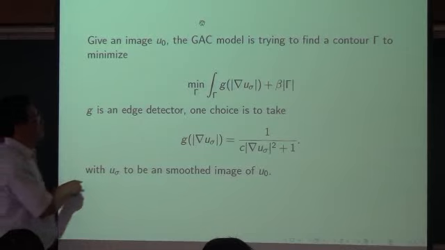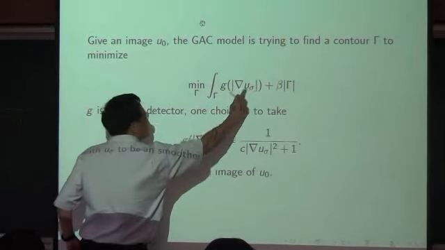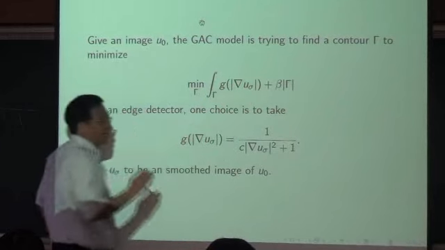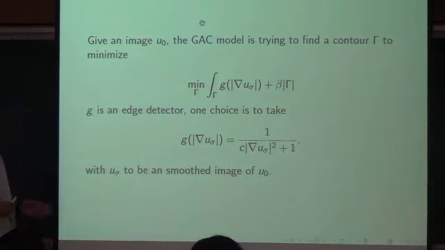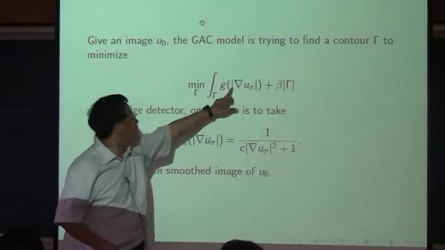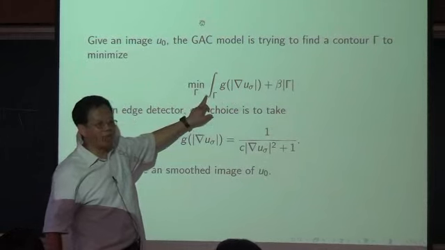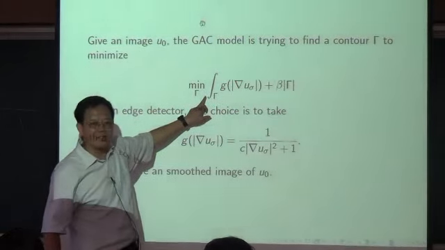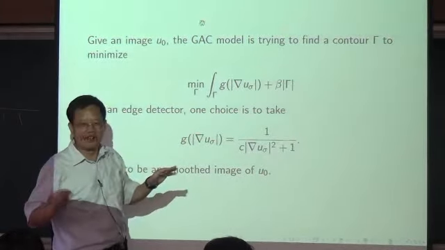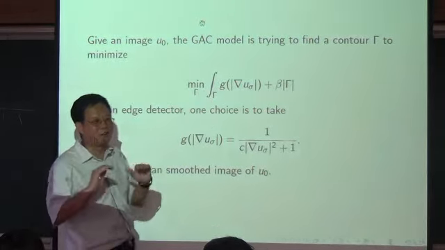The geodesic uses edge detection. You smooth the image, and this function is small at the edge. You want to find the curve such that the integral of this function is small. The global minimizer for such a functional is always the empty curve, where the integral is 0.